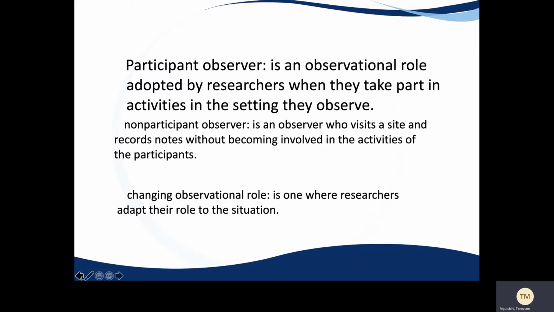So that's the advantage of participating and observing at the same time. But the limitation is that if you participate and you observe, there are some things that you're less likely to see because your attention is split between trying to be an authentic participant while also trying to be a complete observer.